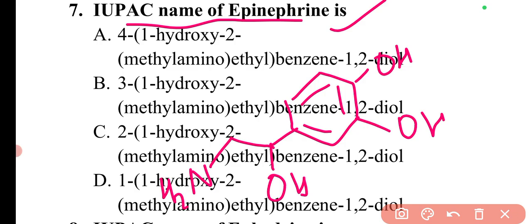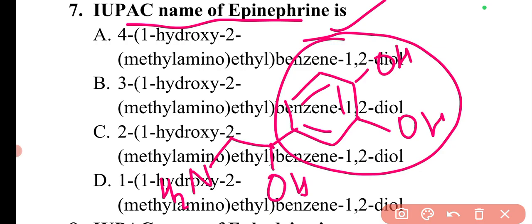So this is basically the catechol ring, and the numbering will be from here: 1, 2, 3, 4. Here you can see the fourth position will be 1-hydroxy-2-methylamino, 2-methylaminoethyl.